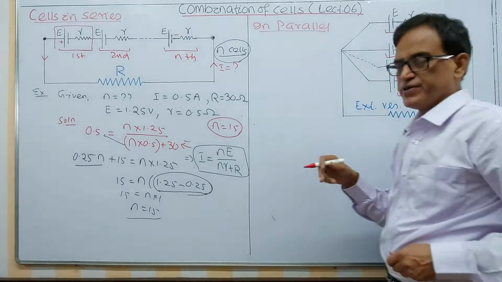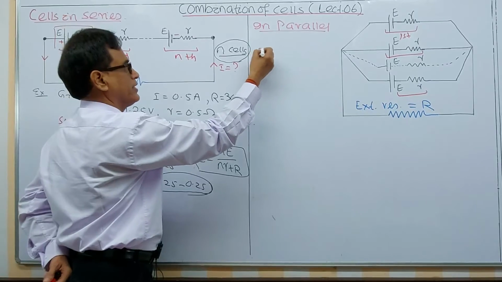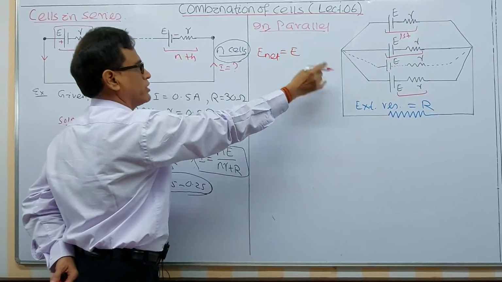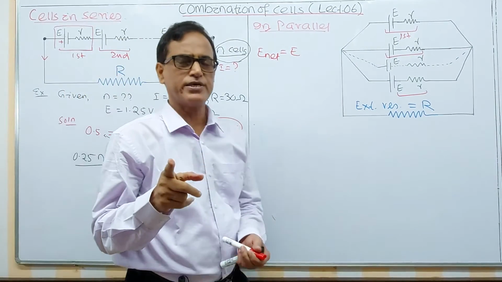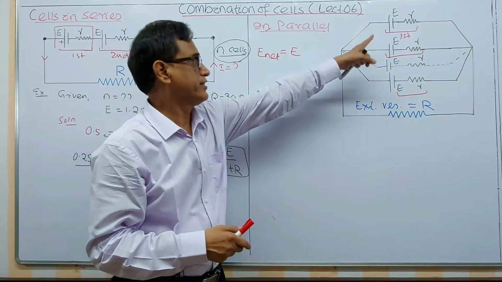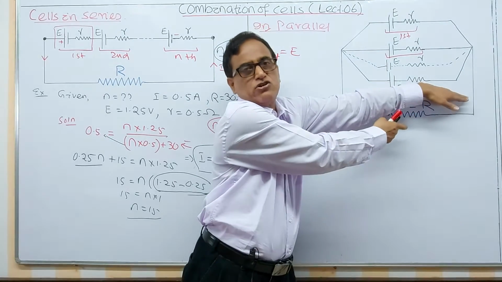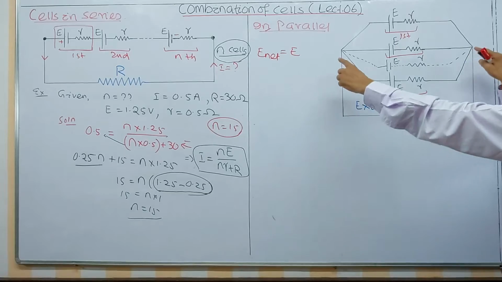Now the net EMF in parallel, you should remember this fact. I think you know this one also. E net in parallel is equal to nothing but the EMF of one cell, because voltage remains the same across parallel branches. That's why the EMF in this type of circuit is this. This is the circuit, this is the external resistance connected, and these are the terminals of the circuit under consideration.